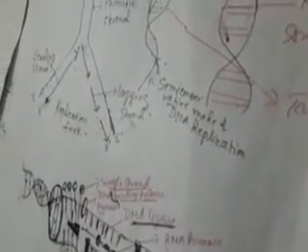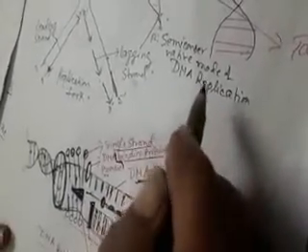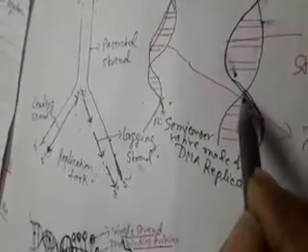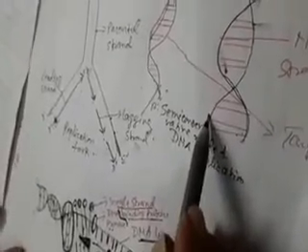So, DNA is separated at very high speed, and also new strands are synthesized on their templates.